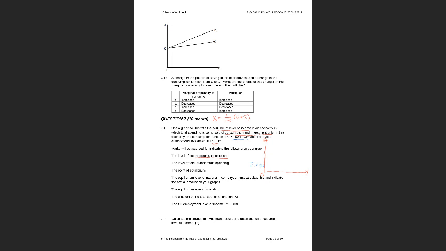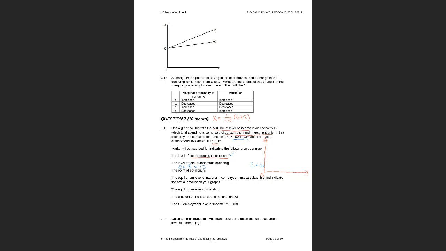So already we've got this mark. We've shown autonomous consumption. Now it says the level of total autonomous spending. And total autonomous spending is C bar plus I bar, right? So C bar plus I bar is equal to what, guys? We already know there's 150 here.